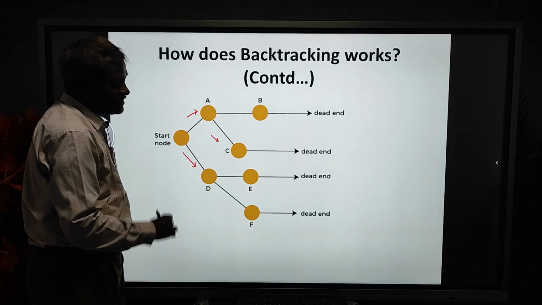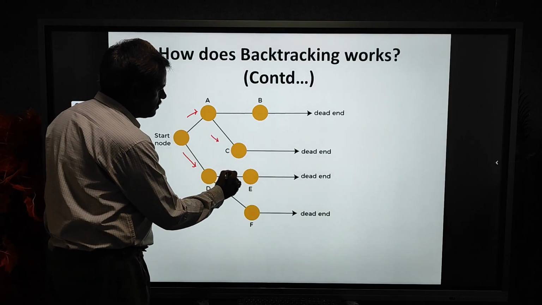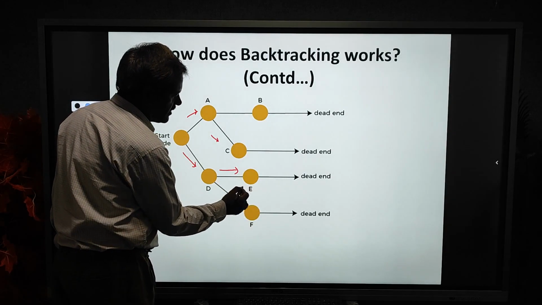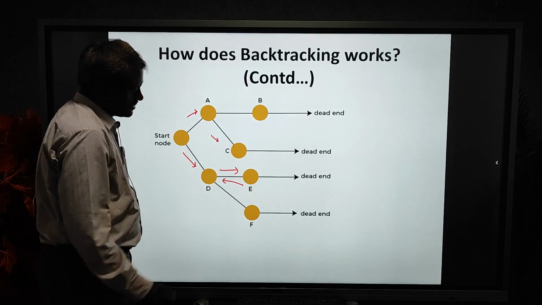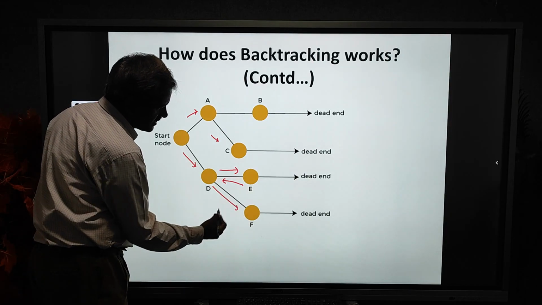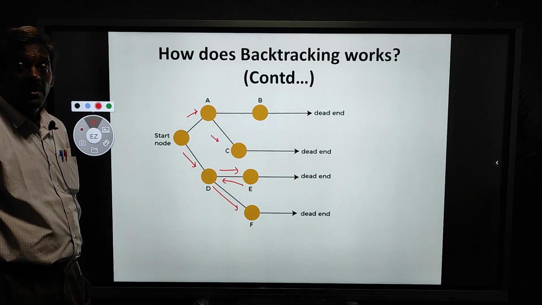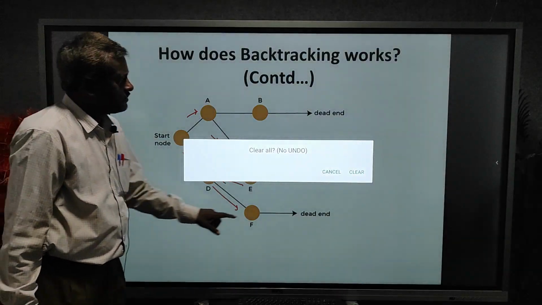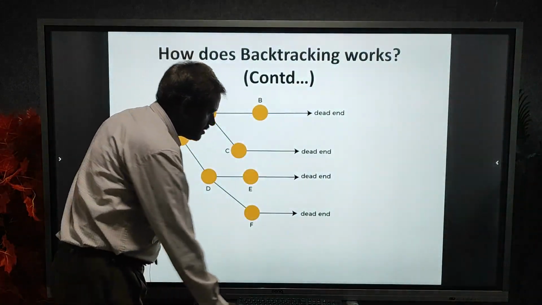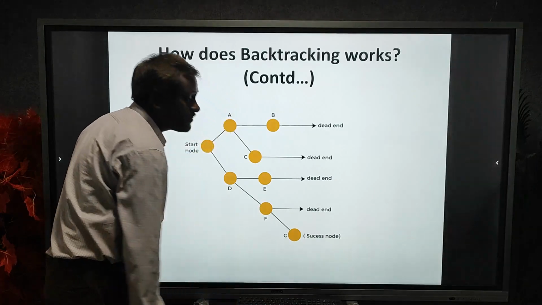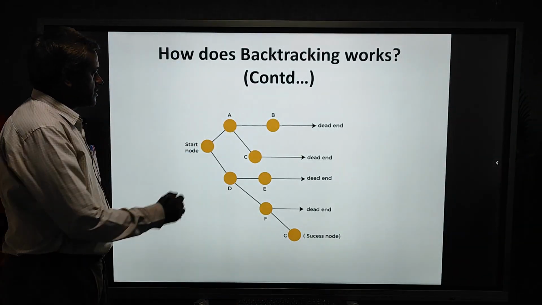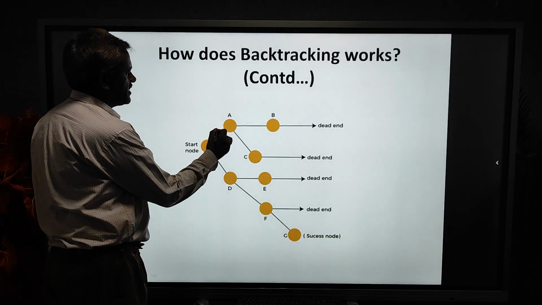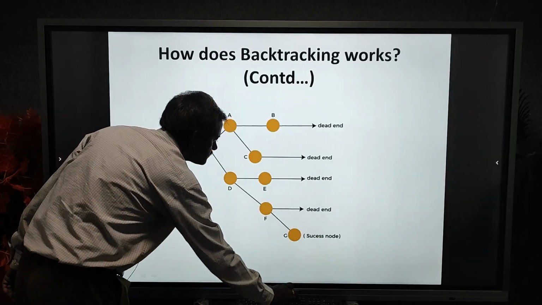Now I am checking in this one, D to E. I move to a dead end. So trace back. Now I checked in another direction. It also didn't happen. Now probably I am giving the final solution. How is it going to happen? Now see, in this direction we have already checked.